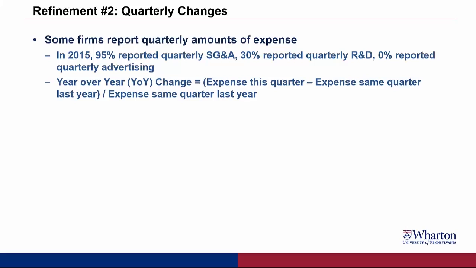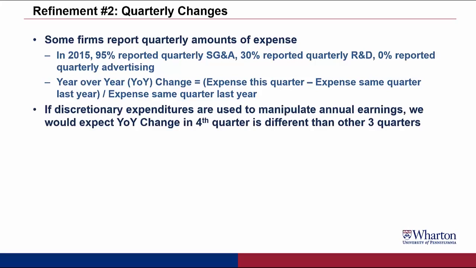We're going to look at our year-over-year change, or our YOY change, which would be the expense this quarter minus the expense the same quarter last year, divided by the expense the same quarter last year. If discretionary expenditures are used to manipulate annual earnings, we would expect that the YOY change in the fourth quarter is different than the other 3 quarters. So for the meet and beat incentive, you would expect to see cuts in R&D in the fourth quarter as they try to meet their target.